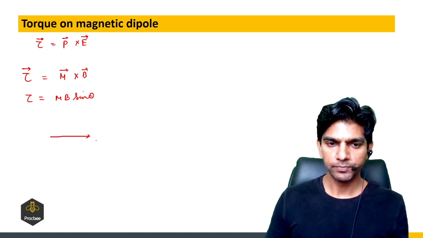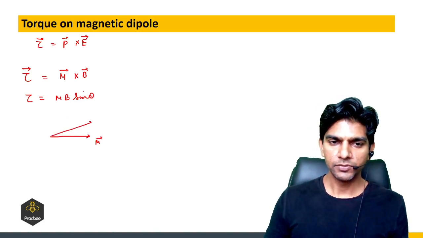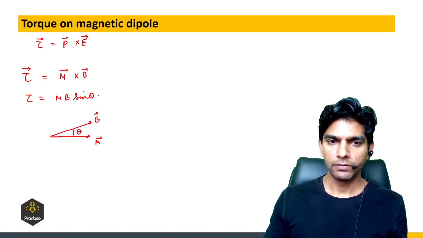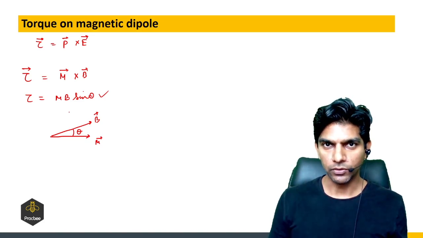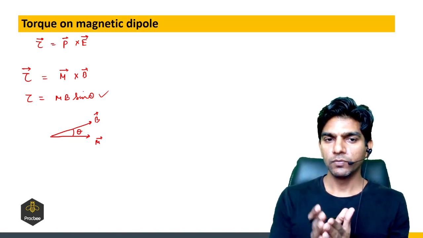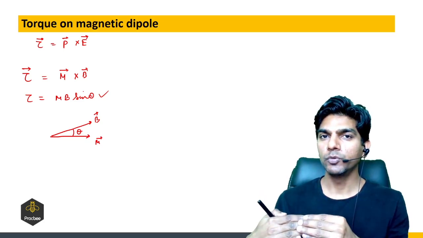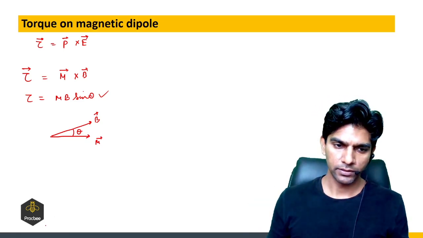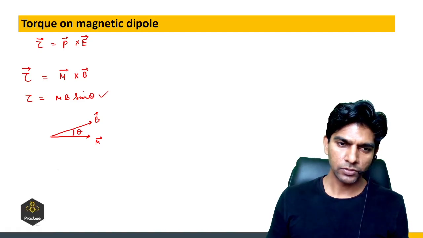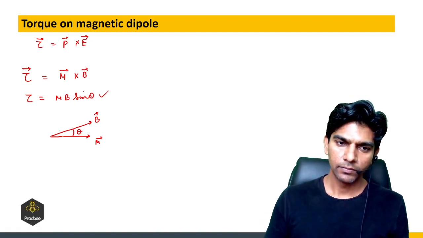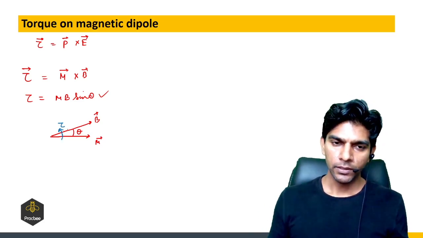So this is M and this is B and this angle is theta. We can use this formula to find the torque. And this torque will be such that it will try to align the magnetic dipole moment in the direction of the magnetic field. In this case, the direction of the torque will be out of the plane.